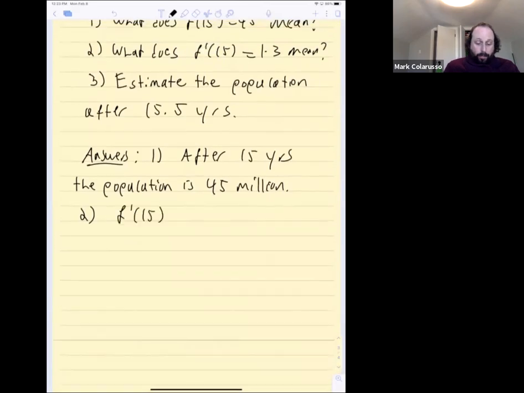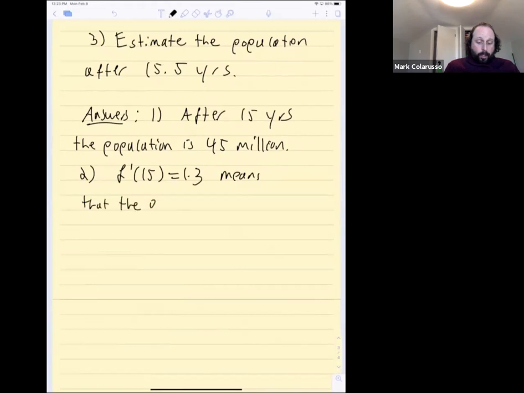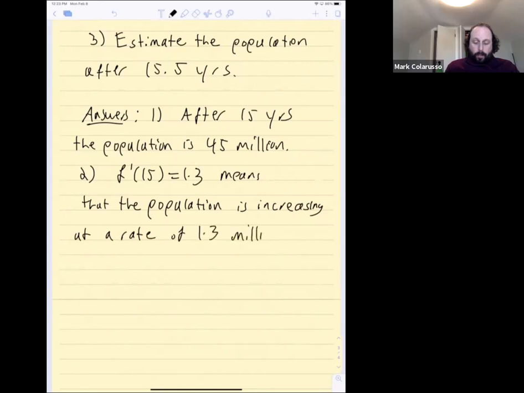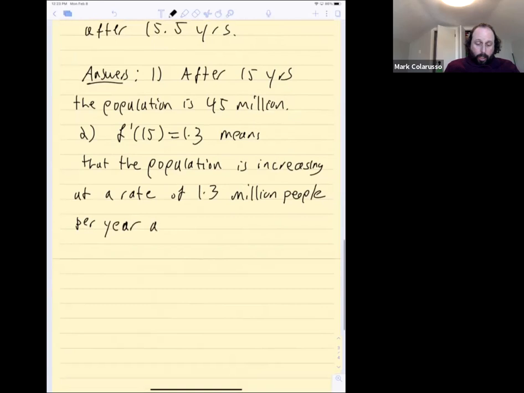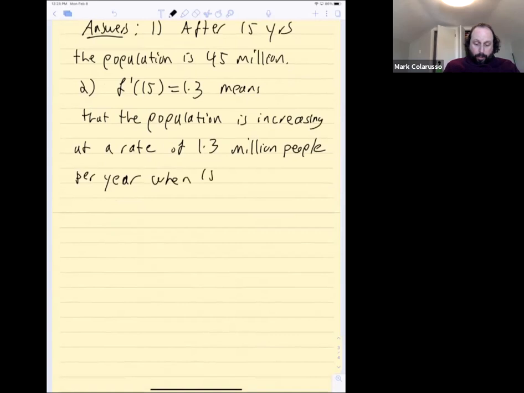So f prime of 15 equals 1.3 means that the population is increasing at a rate of 1.3 million people per year when 15 years have passed.